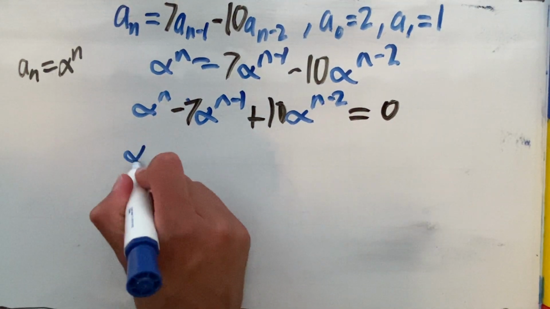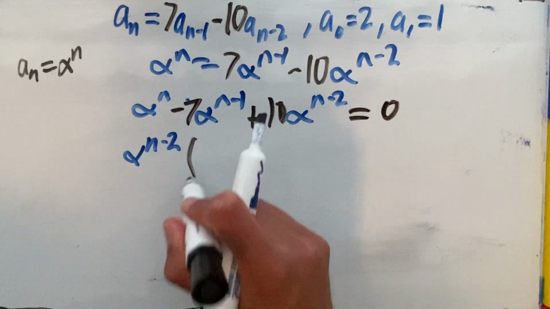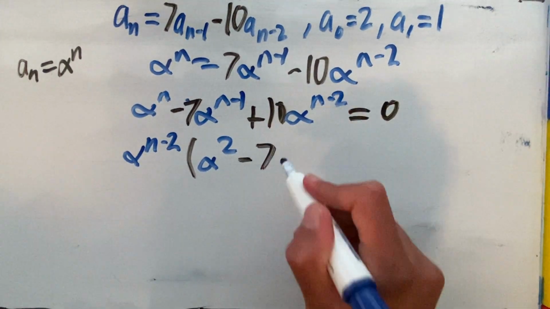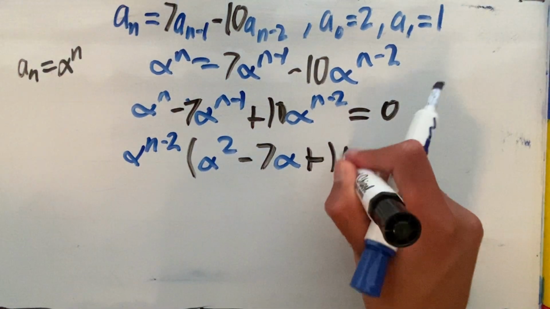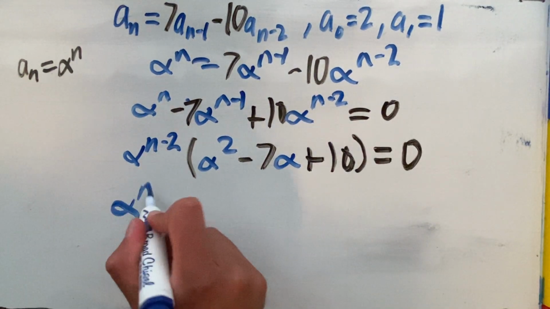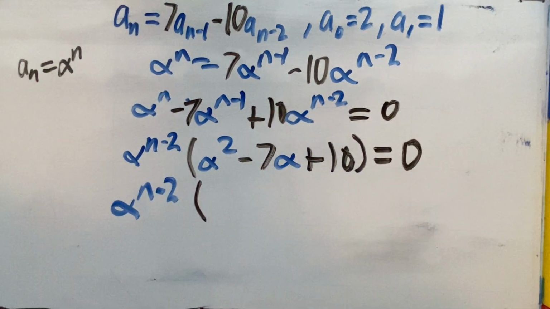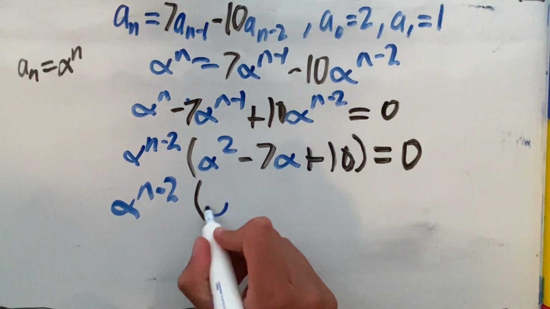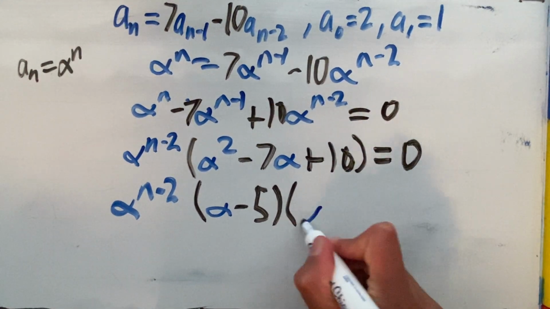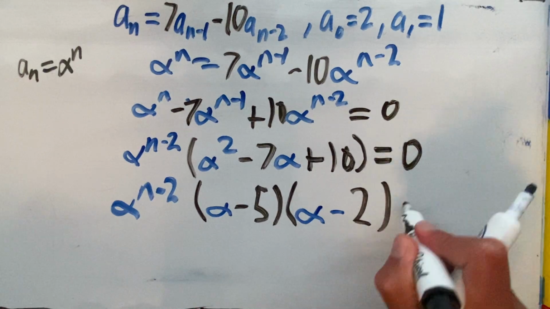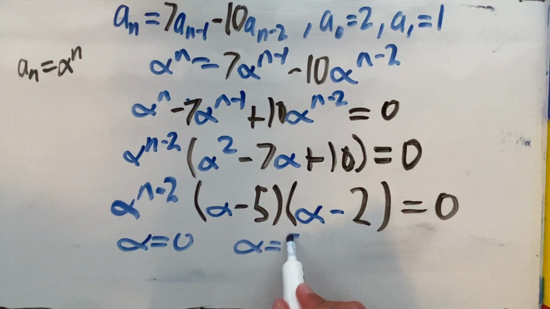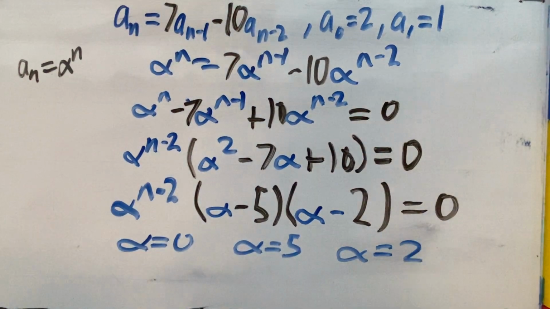We can pull out alpha to the n minus 2, and then it's going to be alpha squared minus 7 alpha plus 10 equals 0. And that's equal to alpha to the n minus 2 times, and then you can factor this, it's going to be minus 5 and minus 2, so alpha minus 5 times alpha minus 2 equals 0. And so the solutions here are alpha equals 0, alpha equals 5, and alpha equals 2.